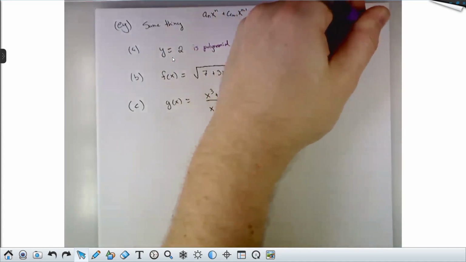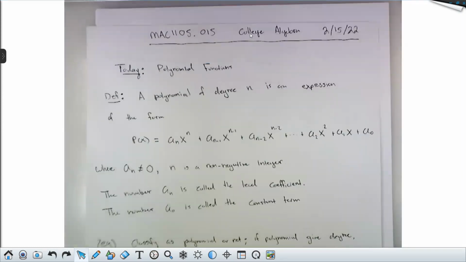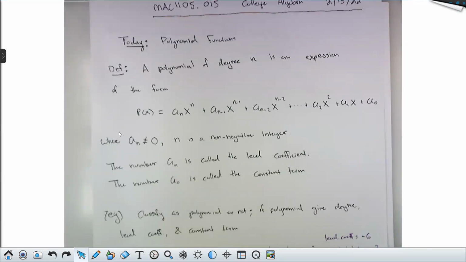I thought you said that it couldn't be 0. a_n, the lead coefficient itself, is not allowed to be 0. And that's okay, right? So here we don't have the lead coefficient being 0. The lead coefficient is the number 2. The degree is allowed to be 0. So if we look back over here, a_n, the number attached to the largest power of x, is not allowed to be 0, but n itself is allowed to be any non-negative integer.